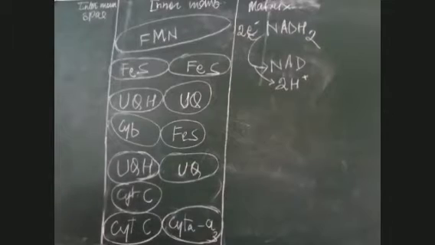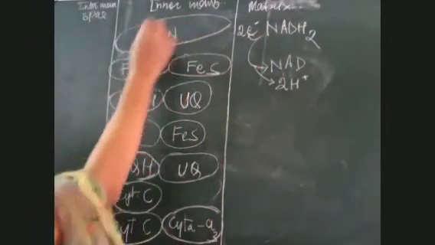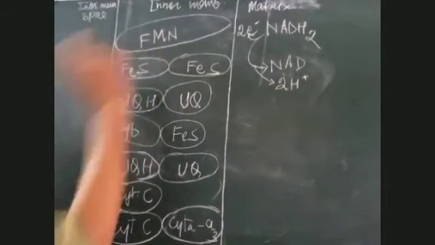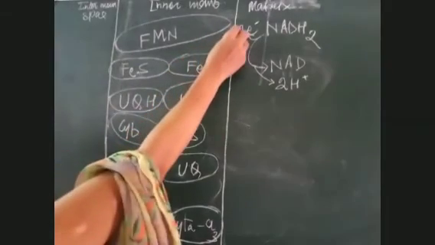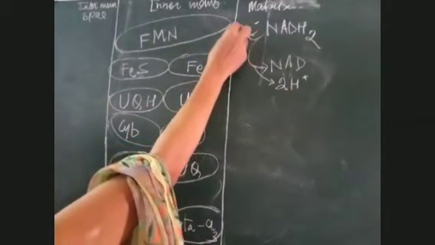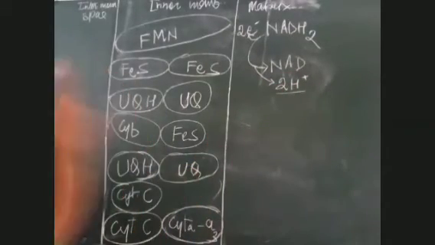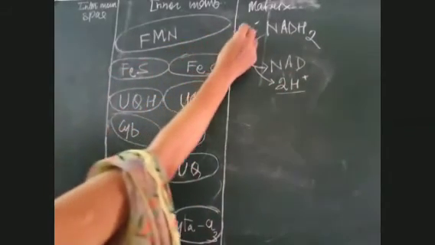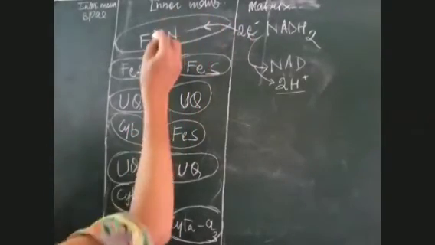This electron is accepted by the first electron acceptor, which is FMN. FMN is the first electron acceptor. The protons remain in the matrix. Only the electron is accepted by the first electron acceptor.